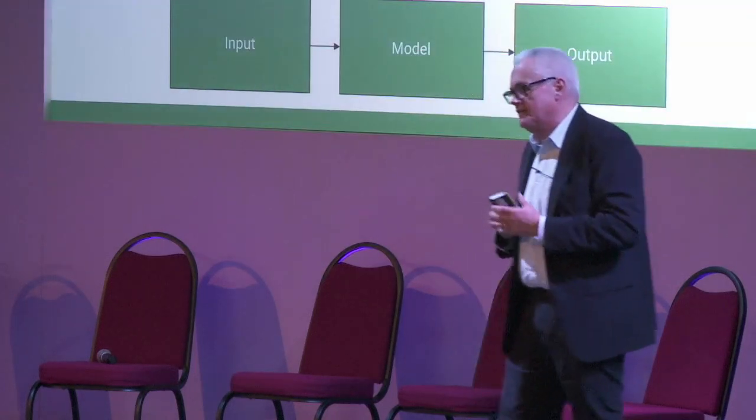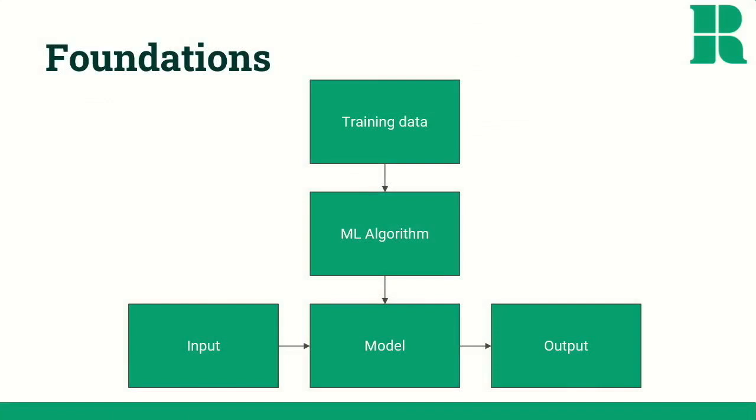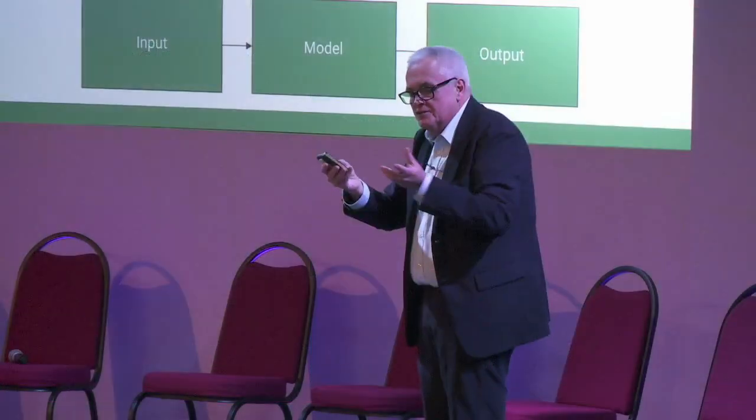This link between the input and the output through the stored program, yes, that was how it was back in the good old days, but now it's really quite different. The link between input and output is determined by some sort of model, a machine learning model. What we have is we get to choose the training data. We get to choose how to build that model. We select the algorithm that uses that training data to build the model.